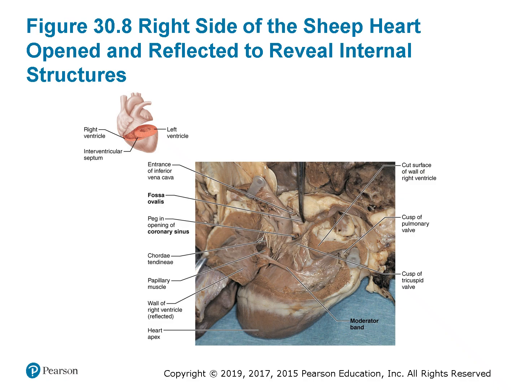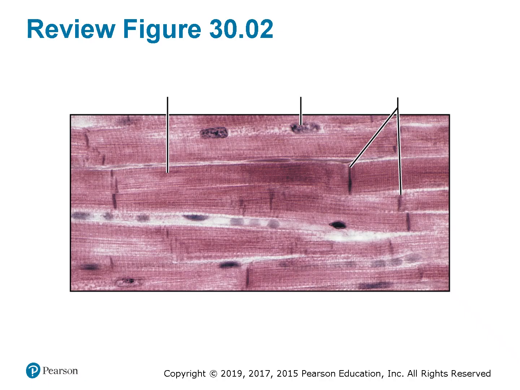In this review figure, we observe the microscopic structure of cardiac muscle. Notice the striations running across the fibers, which resemble skeletal muscle but with distinct differences. Each cell, or cardiomyocyte, typically contains a single, centrally located nucleus.